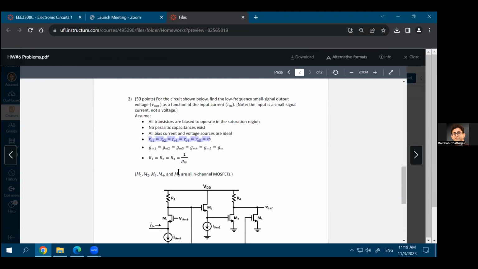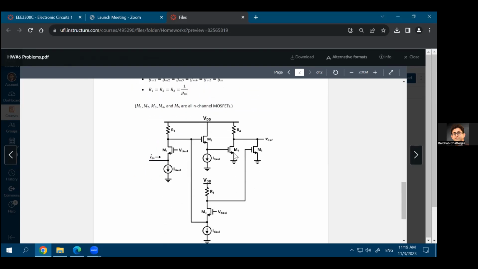There is no channel length modulation, and you don't need to worry about those output resistances. It's also given all the GMs are equal and they are equal to GM. And it is also given that R1, R2, and R3, these resistances that you see in the circuit, are equal to 1 upon GM. So eventually that will simplify your design a little bit more. And all of these are N-channel MOSFET.